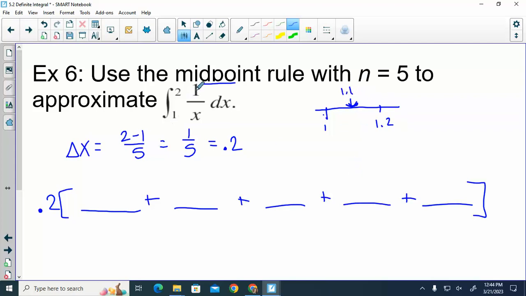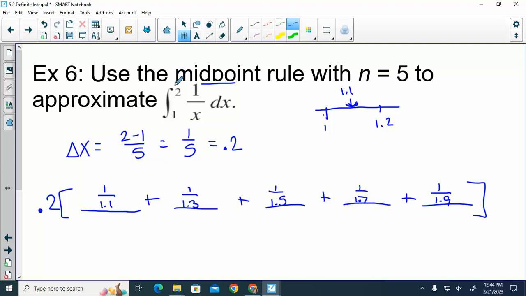So the first number I plug in will be 1.1. And then you just add your change in x to get every additional number. So plus 0.2, so the next number is 1.3, 1.5, 1.7, and 1.9.